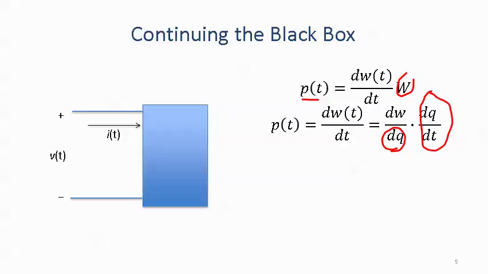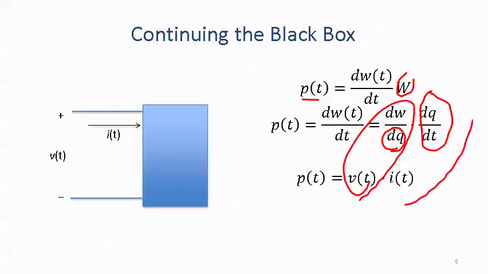But when we defined these before, we said that that represented volts, that represented currents, so that our total function is the power is equal to the voltage times the current.